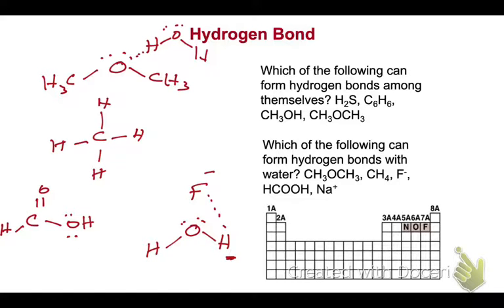And can it hydrogen bond to water? The answer, this hydrogen can. This one no, because it's bonded to carbon. So yes, I can hydrogen bond this one to water. And sodium cation, can it hydrogen bond to water? No, because this is not one of the three atoms. Okay.